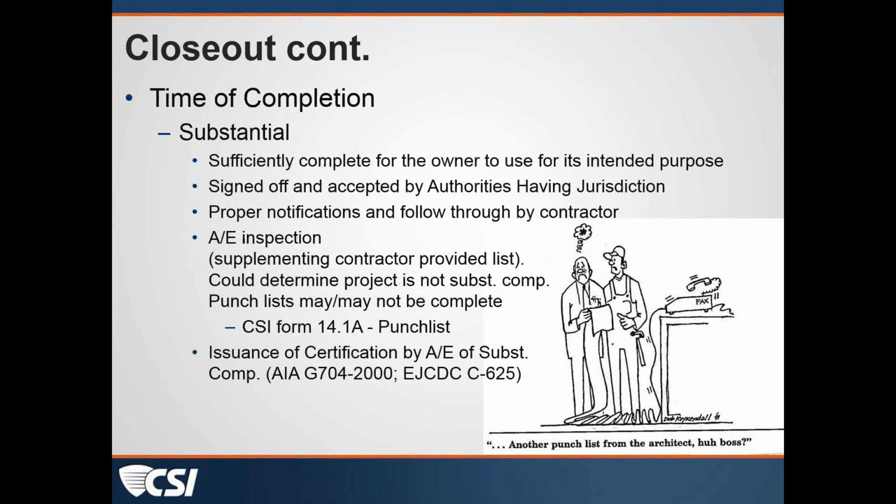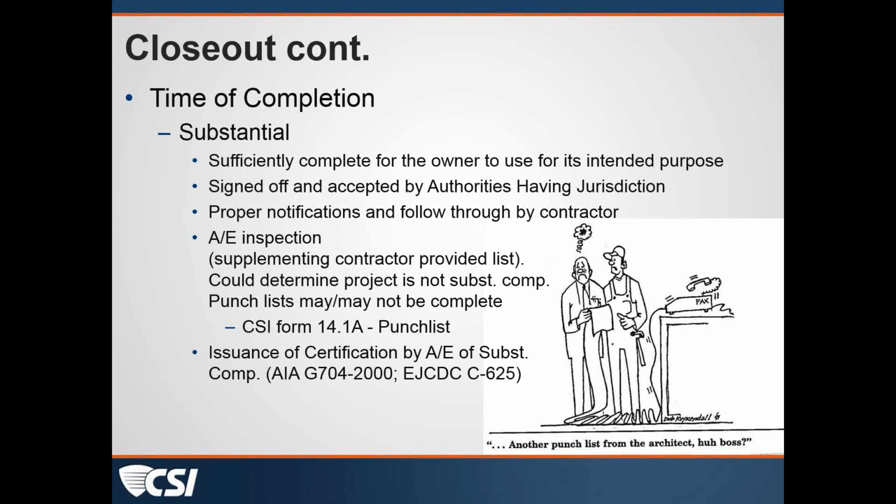So in the next slide here, we're now at the project closeout, talking specifically about the time of completion. We have this broken into two parts. First is substantial, and then in a minute we'll talk about final.